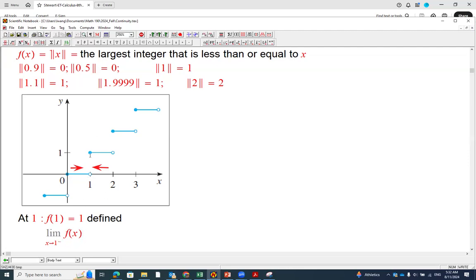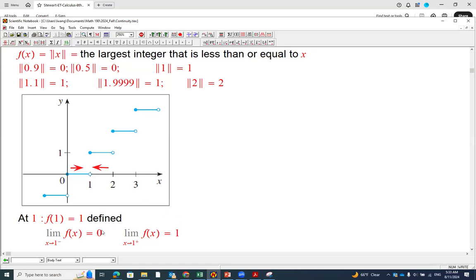And what would that be? That's going to be 0, because we're approaching 1 from smaller than 1. Anything smaller than 1, the function value will be 0. And then we observe limit from right of 1, so I'm going to put the positive sign on the shoulder. In this case, obviously, it's 1.